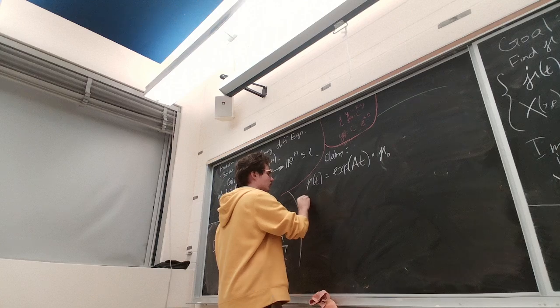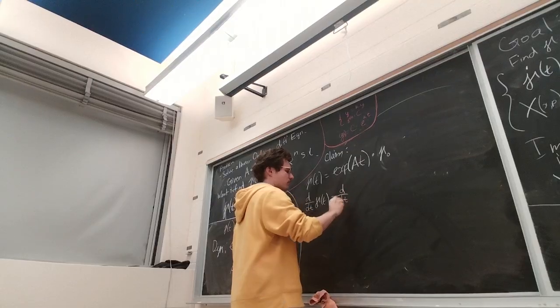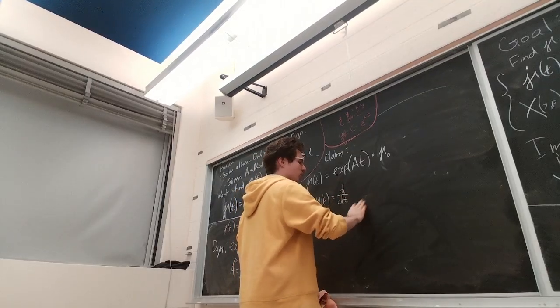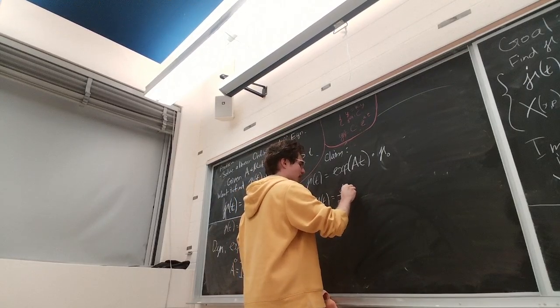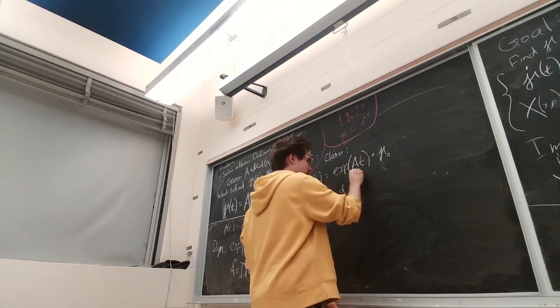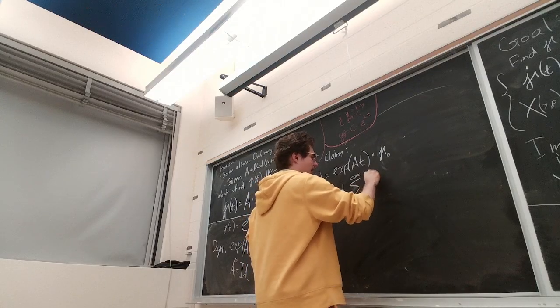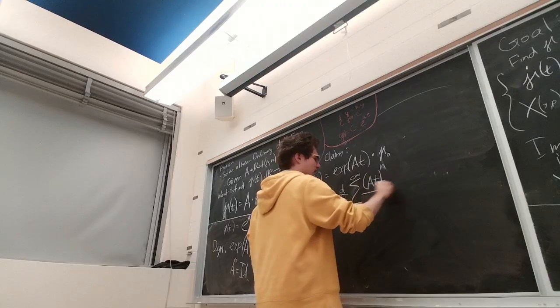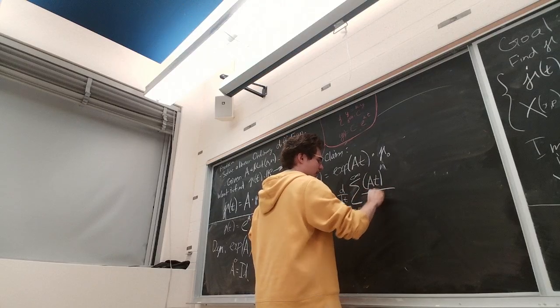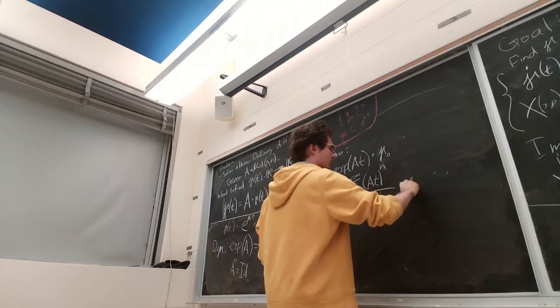So let's compute d/dt of gamma of t. This is d/dt applied to the sum of (At) to the n divided by n factorial applied to gamma naught.